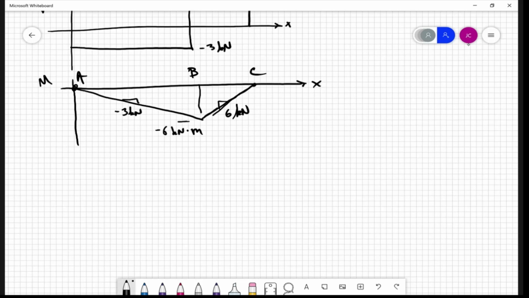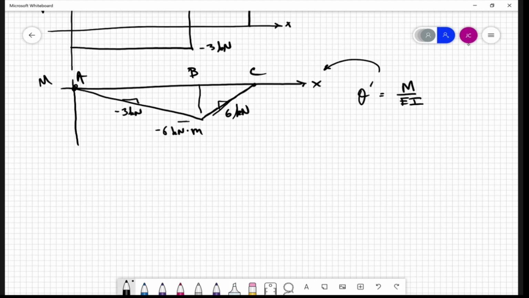slope, right? So remember that we had the derivative of the slope is equal to M on EI, right? And we have the moment diagram here, so we just need to do the integration.